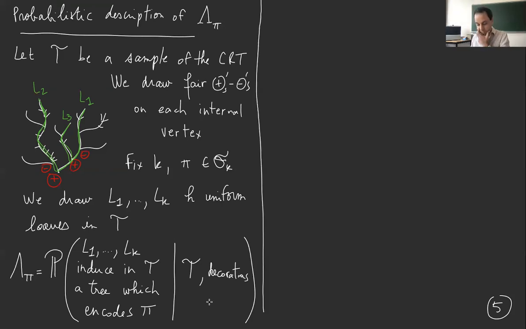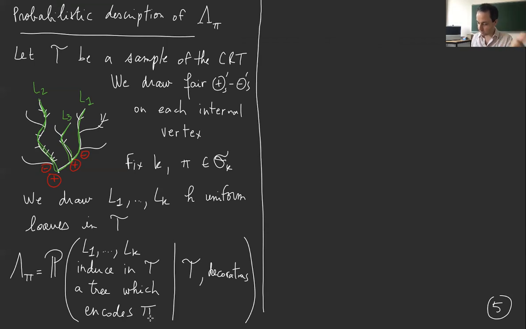Okay, so this is a random variable since it depends on T and on the decorations. And I should say at this point that decorations are independent from the tree, and conditionally on the tree, the leaves L1, ..., Lk are somehow independent of the tree.